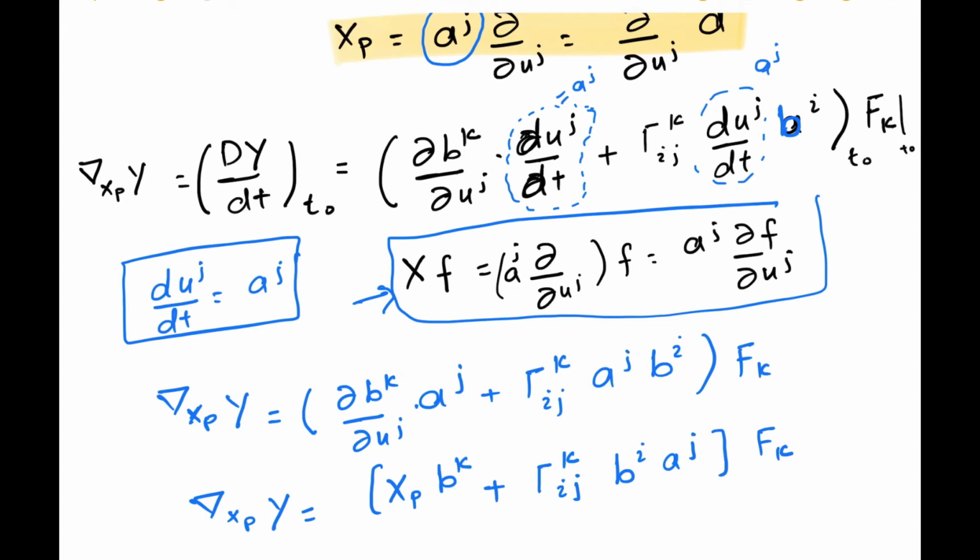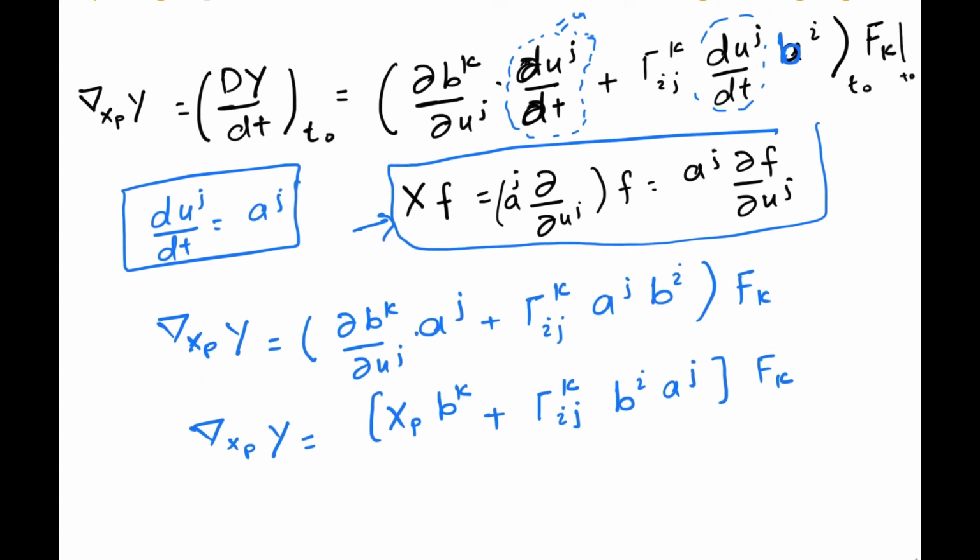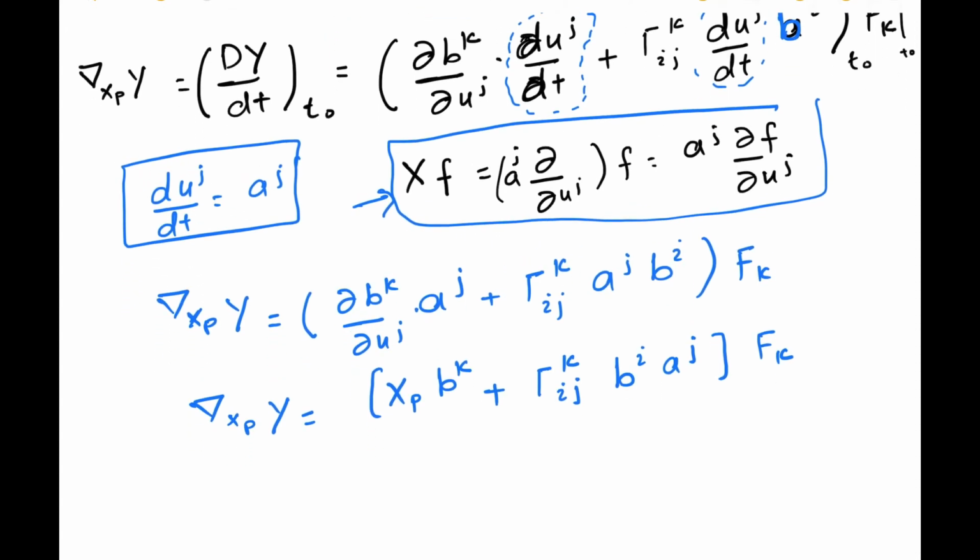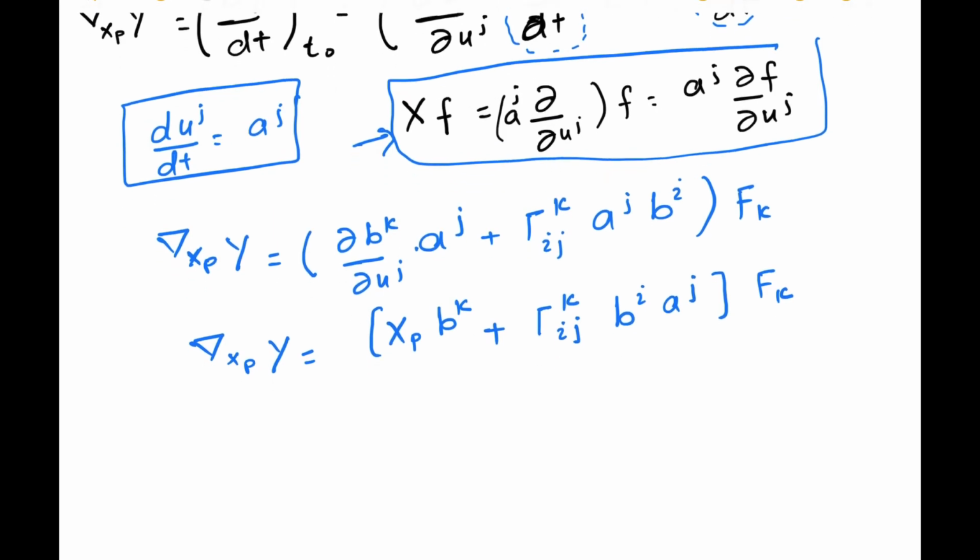So what is the meaning of this formula? If I write also the summation here, the summation is over k, i and j.